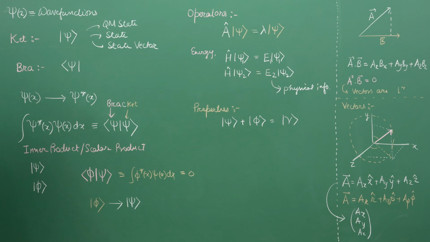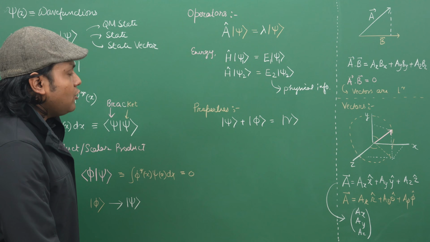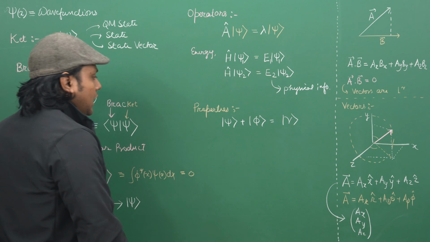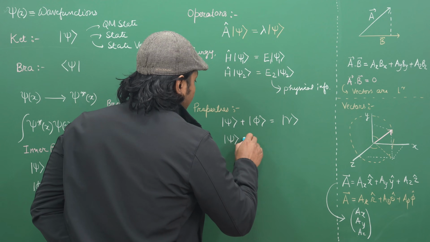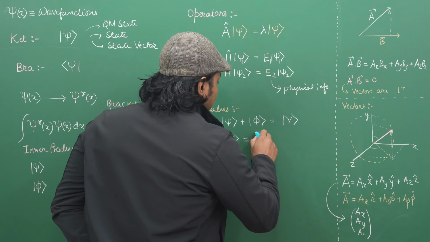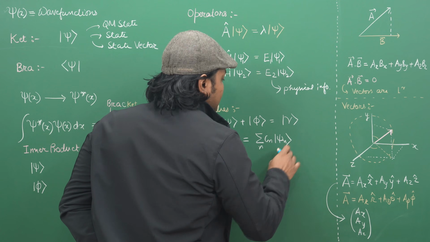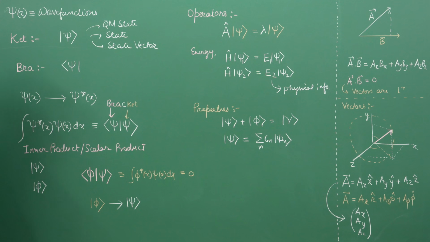Because we can add Kets, we can represent the general state of a quantum mechanical solution in terms of the eigenkets. So for example, if I want to write down the general state of an infinite potential well, then that is represented by the summation of the eigenkets, which are essentially the pure states, while this is the linear superposition of those pure states.